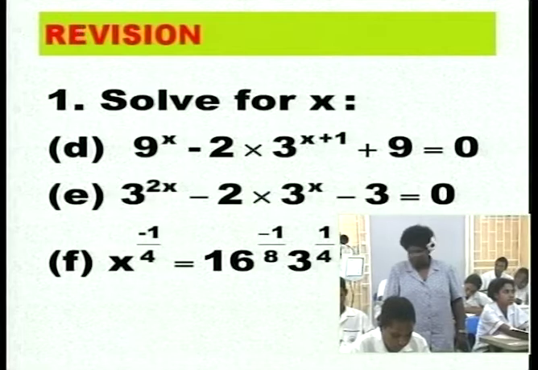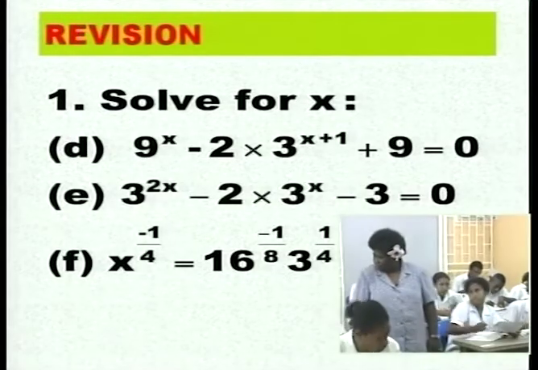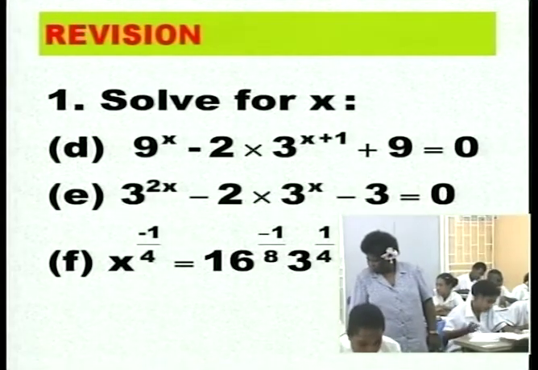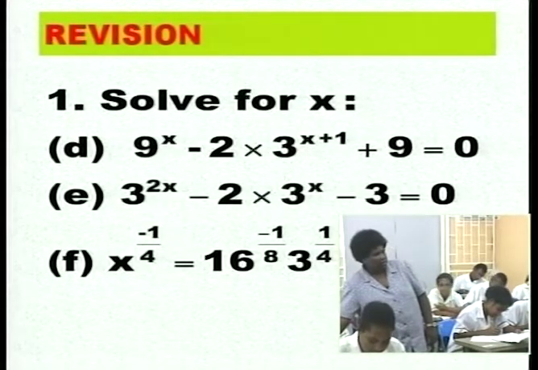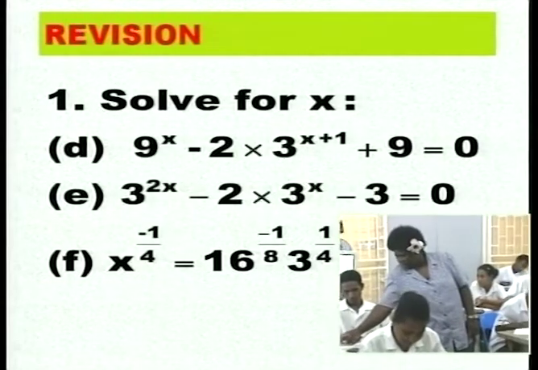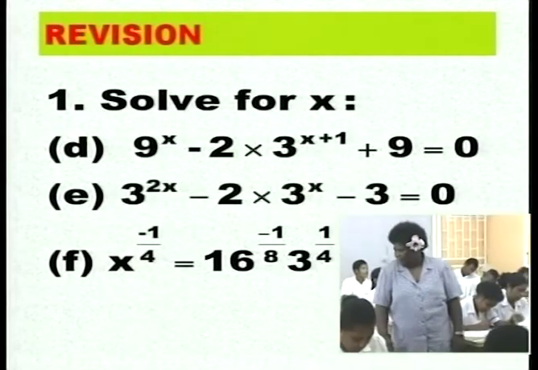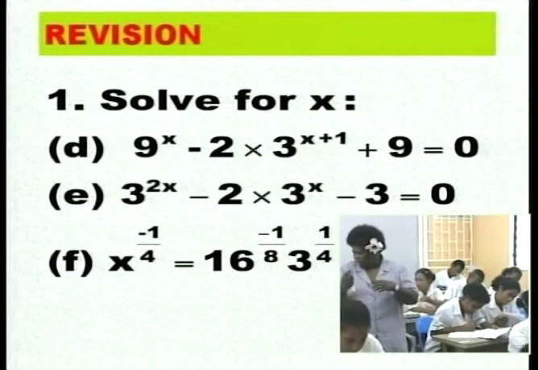Or 3 squared. Yeah, this one, 2 times 3 to the power of x plus 1, is the same as 3 to the power of x times 3 to the power of 1. Because when you multiply the same base, you add the indices.